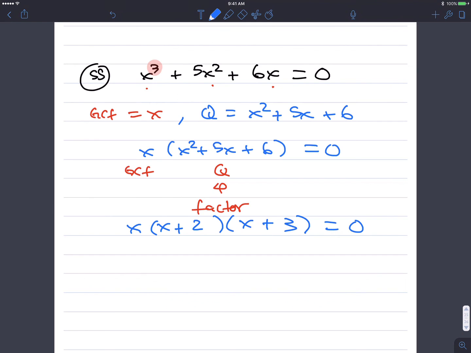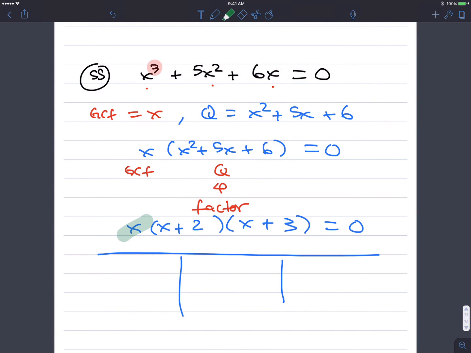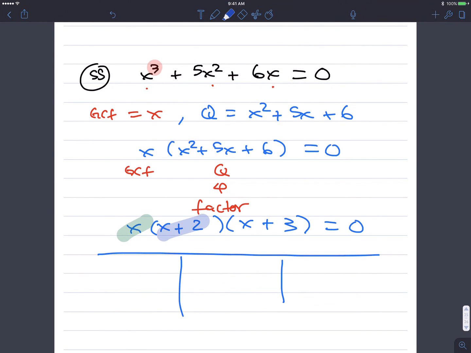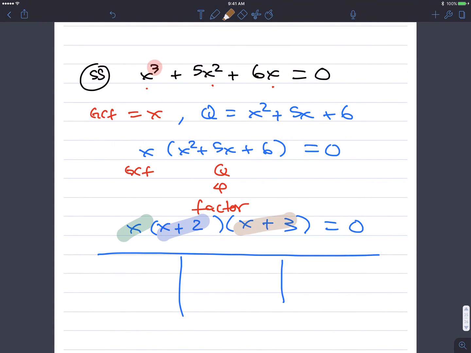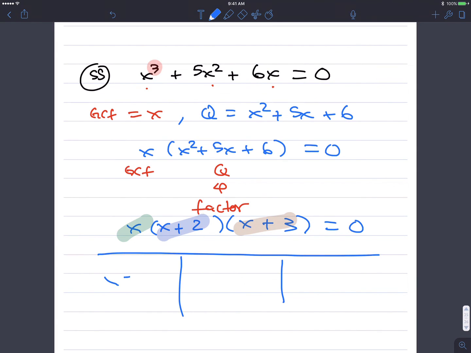How do we know this is chicken soup? It's x squared plus bx plus c. How many terms here? The x term, that's the first term. Second term, x plus 2. And then you have the last term, x plus 3. So we got all the terms here. x equals 0.